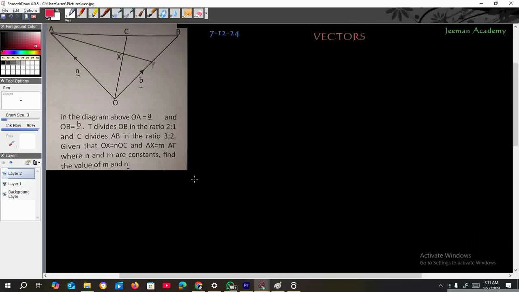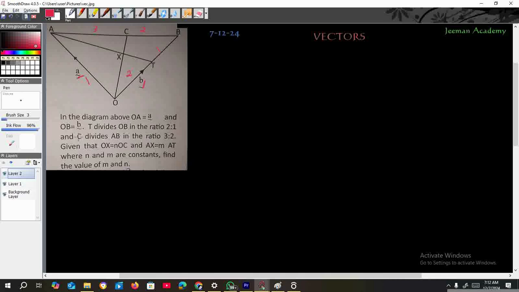More examples on vectors. Here we are given this question. In the diagram above, OA is given as vector A, and OB is given as vector B, and T divides OB in the ratio 2:1, and C divides AB in the ratio 3:2.